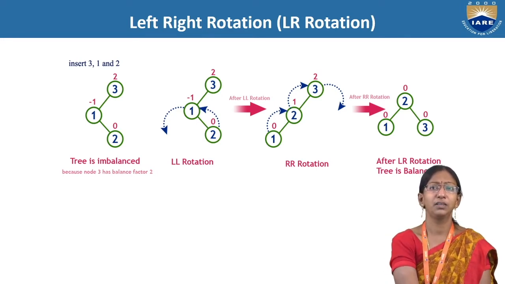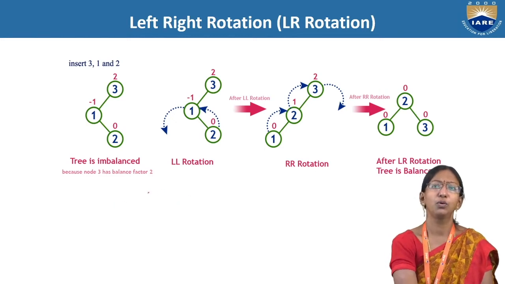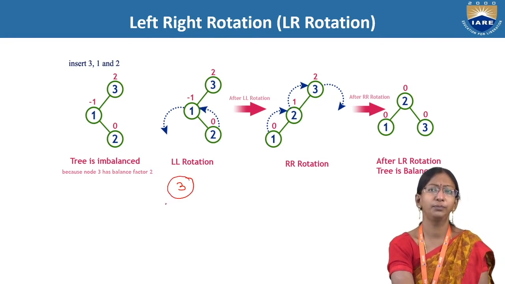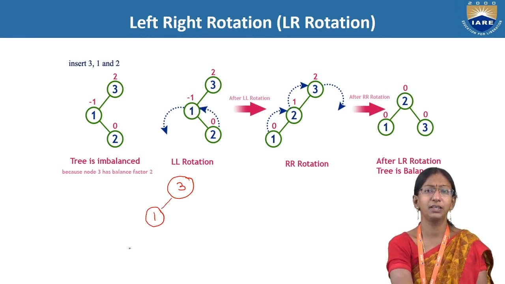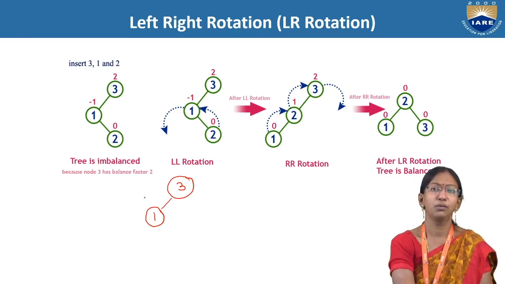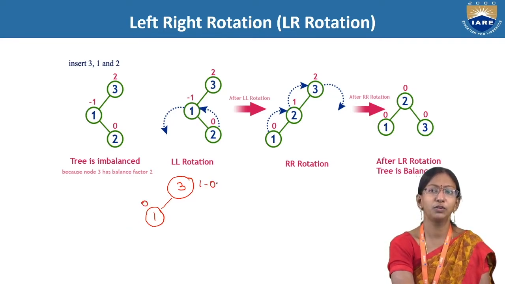Let's start with the insertion of 3, 1 and 2. So 3. When I insert 3, no problem. As it is the single node, balance factor is 0. When I insert 1, 1 is less than 3, it settles as the left node of 3. So balance factor of 1 is 0 as it is a leaf node, whereas 3 is 1 minus 0, which is 1.